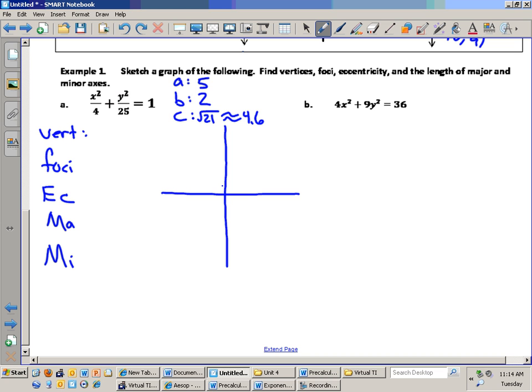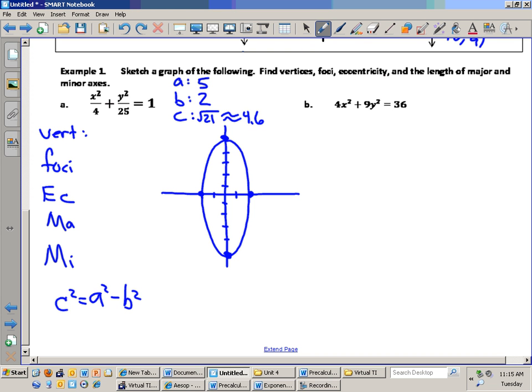So it's stretched vertically 5 units, and it's stretched horizontally 2 units. A squared minus B squared is equal to C squared. So that's how I got the square root of 21.